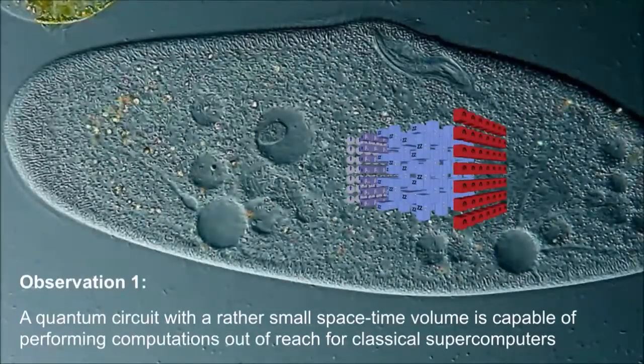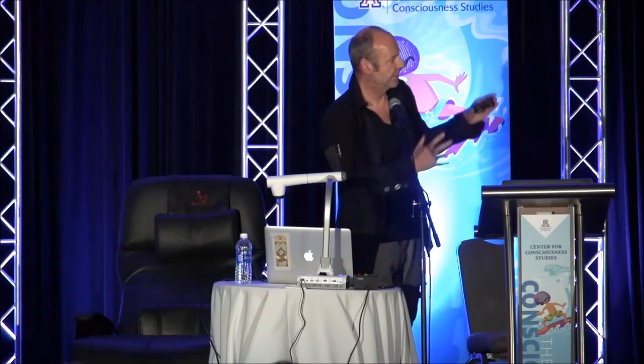So what I just told you is that a rather small quantum circuit with just 49 qubits and just 30 to 40 circuit depths, so 30 to 40 gates per qubit, is already supercomputer level stuff. And there's just plenty of opportunity to tuck such a little circuit away somewhere in living organisms. I'm not saying that the coherence environment is necessarily all there, but the message is there are just many places where you can tuck away supercomputer grade machinery inside some living system.